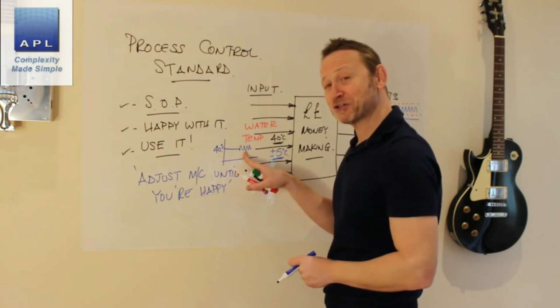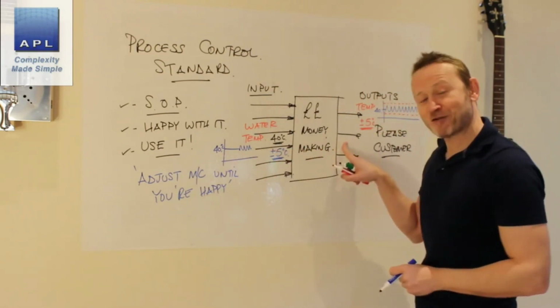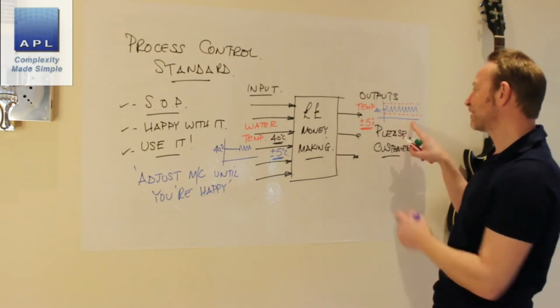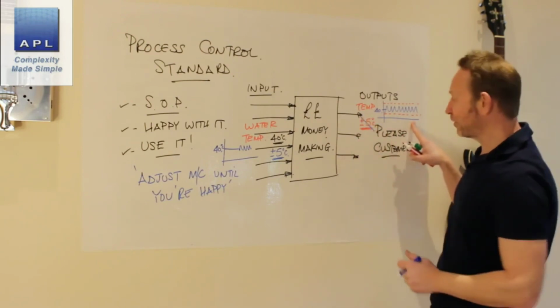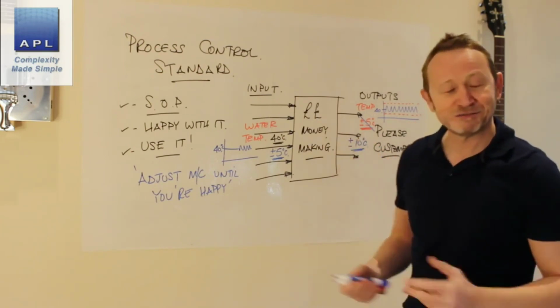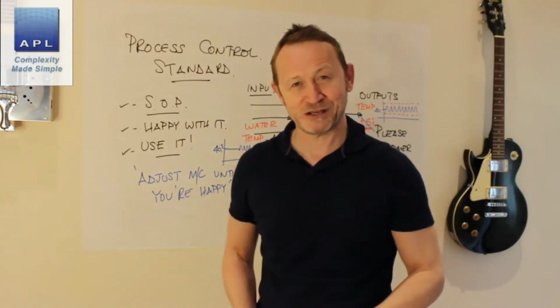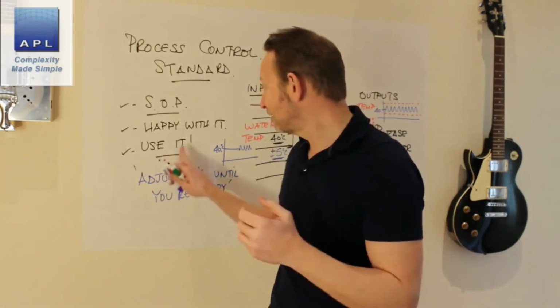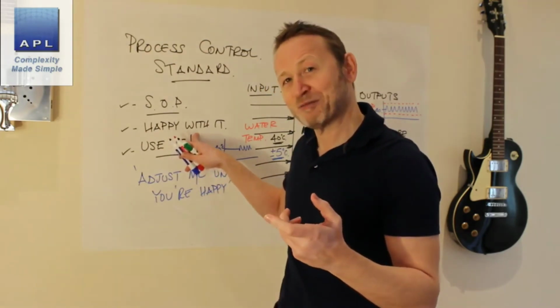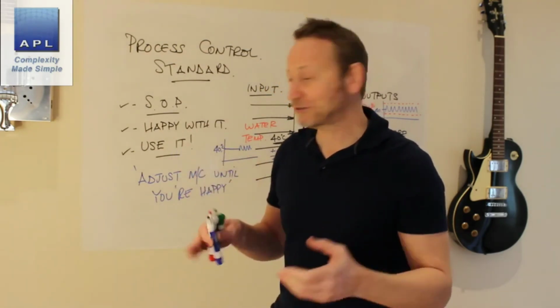Well, if I take plus or minus 5 degrees and I add the variability that the process is going to put in, what do I get over this side? Well, now I don't get plus or minus 5. Maybe I get plus or minus 10. Doesn't quite work like that, but you're going to get close to plus or minus 10. You've just created a standard that we're not happy with. Why did you do that?